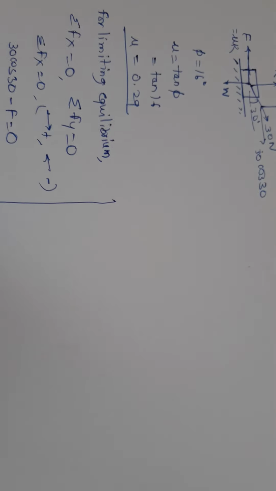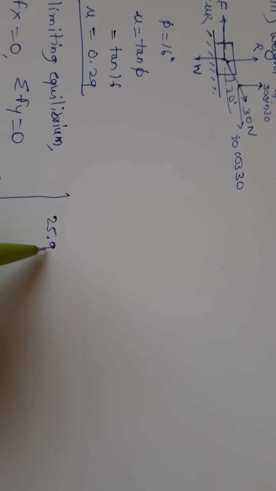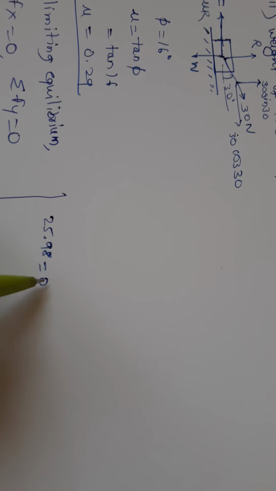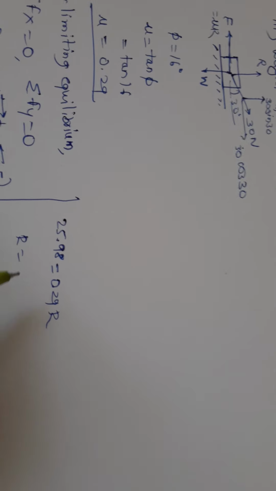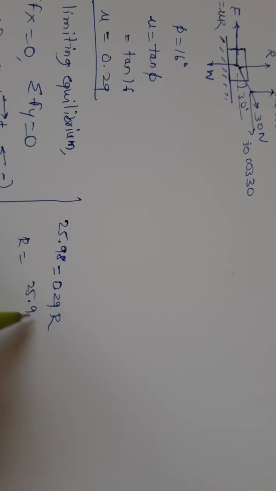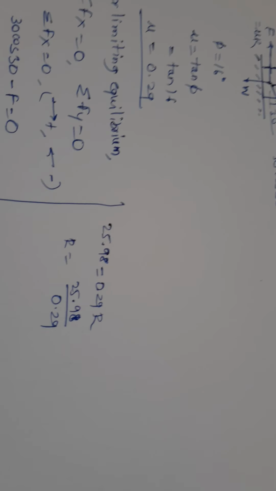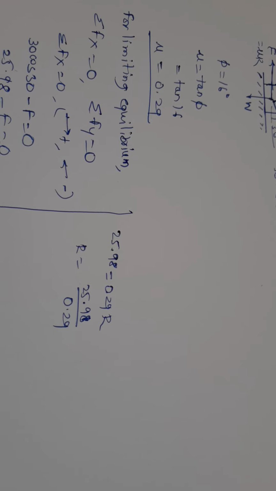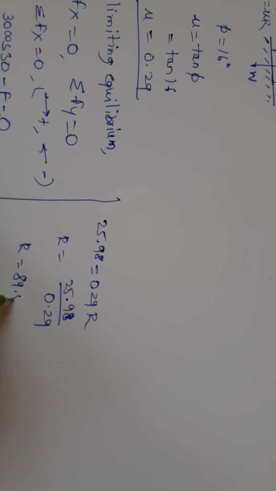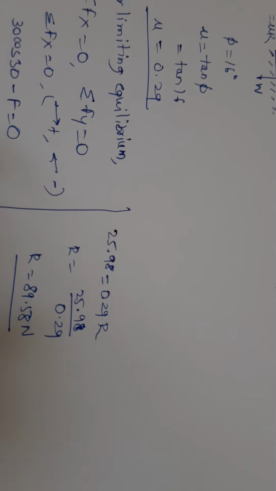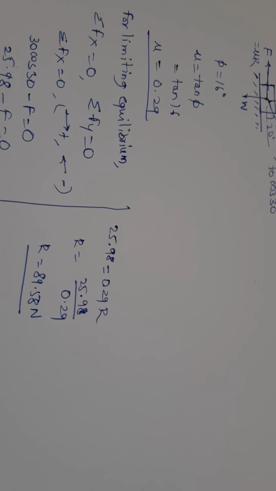So from this we can write 25.98 equal to 0.29 R, or R is equal to 25.98 divided by 0.29. So we will do calculation. We will get R as 89.58 Newton.